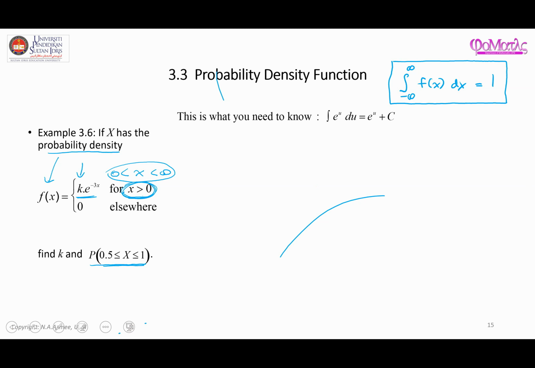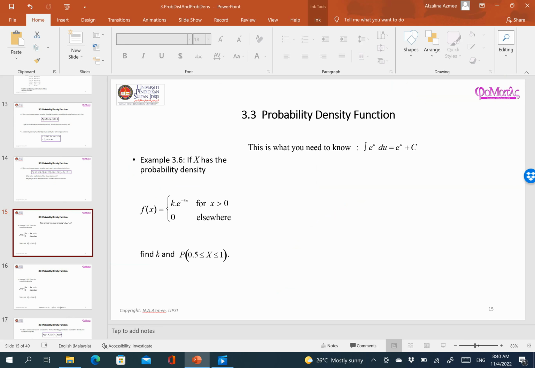Okay, there is something wrong with my slide right now. No, what am I supposed to do? Okay, let me just try this, discard. Okay, let's try this again.